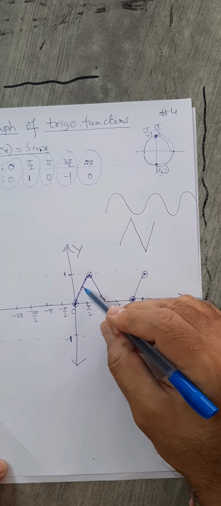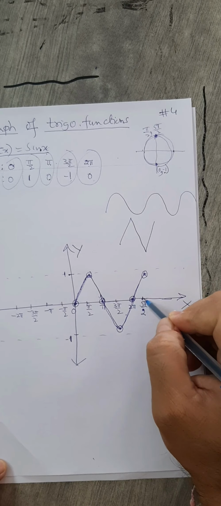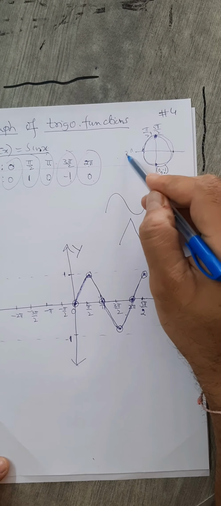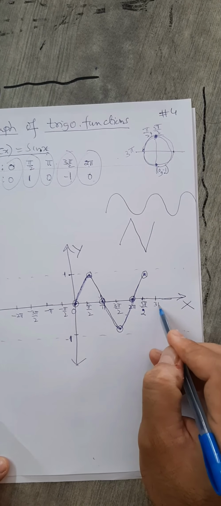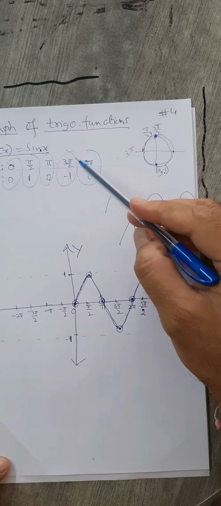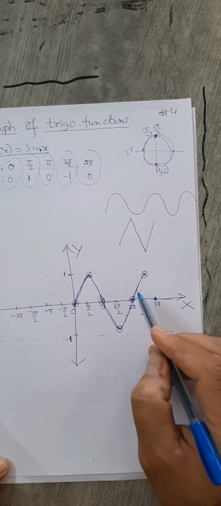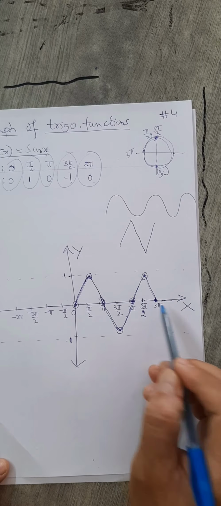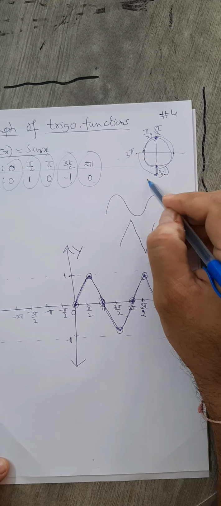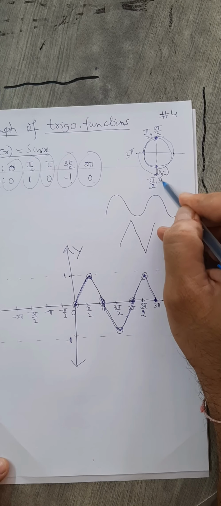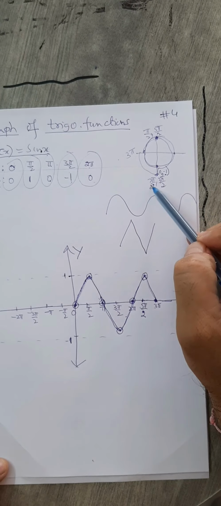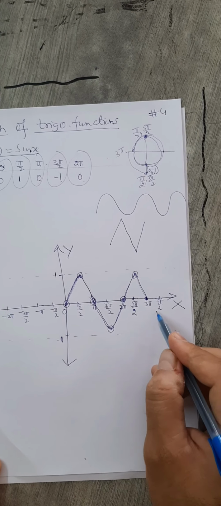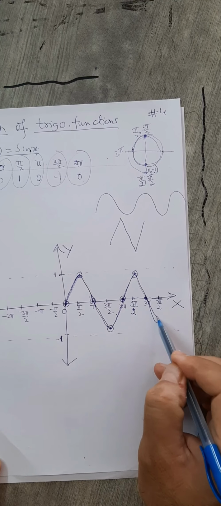Then I'll come down here, which is 3 pi during the second round. 3 pi is the same as pi, so the value becomes 0 here. Again the graph comes down. You are just copying this and putting it here. Next you come to 7 pi by 2. Earlier it was 3 pi by 2, where it is minus 1. So at 7 pi by 2 again it is minus 1.